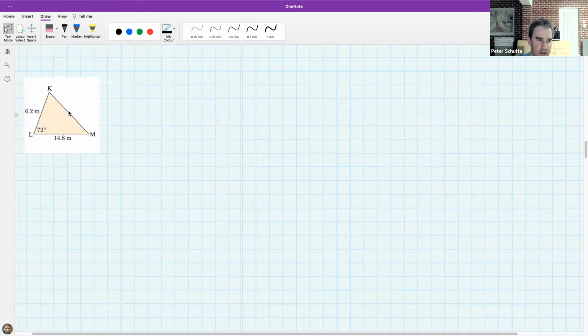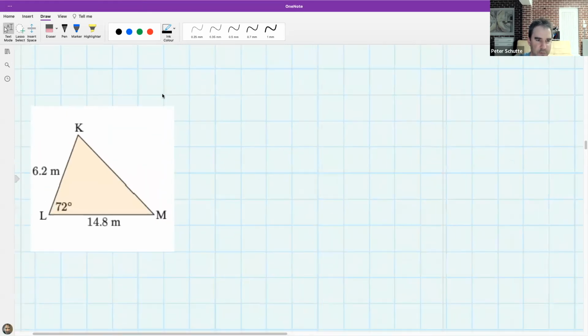So I want you to find for me KM. So find for me the value of KM. Then once I'm happy that you still know how to use the cos rule, I will go to like a mixed up one. But let's just check you can still find KM.